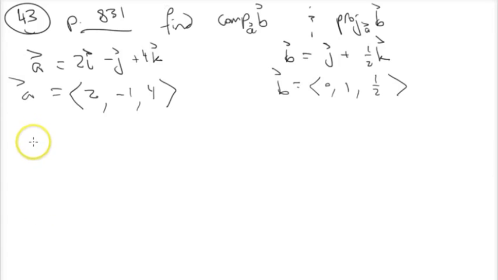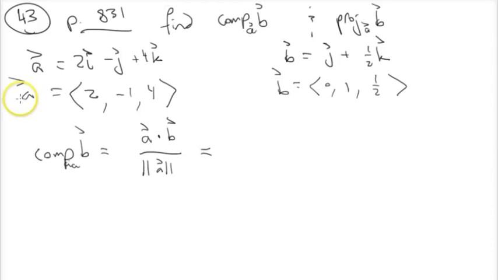So we've got the scalar projection of B on A, which is going to be the dot product between A and B over the magnitude of A. Let's find the dot product between A and B. We multiply all of the corresponding components and then add them up. So we get 2 times 0 is 0, plus negative 1 times 1, so plus a negative 1, that'll be negative 1, plus 4 times a half, so that's plus a 2.